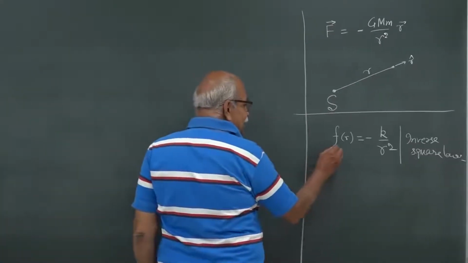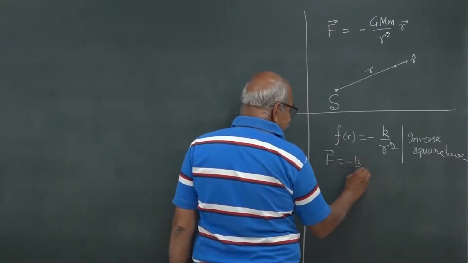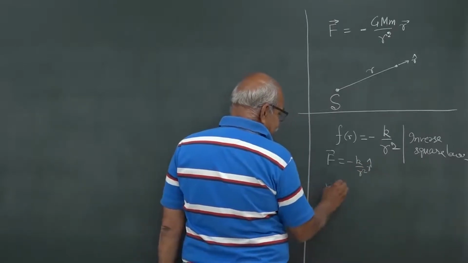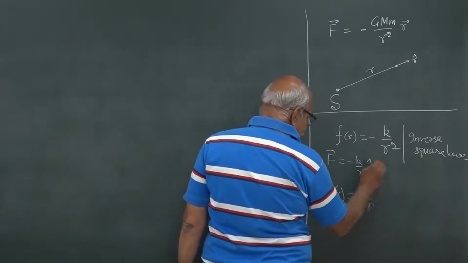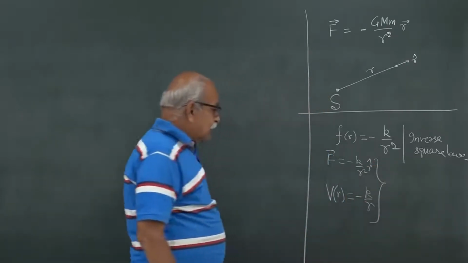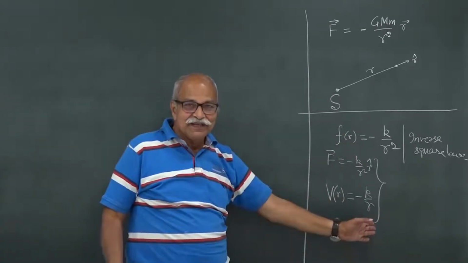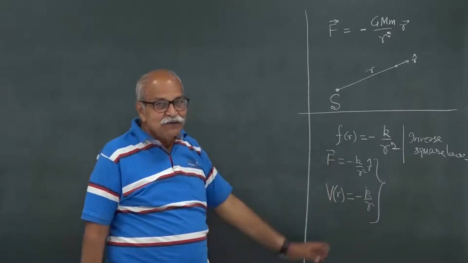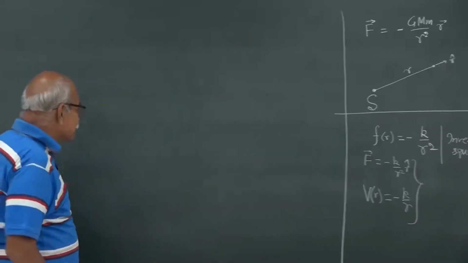Here, if the force is equal to minus k by r square r cap, then this potential V(r) will be minus k by r, right. So, I just plot this V(r) versus r, it will be a hyperbola, and it will also give you some results, but not very useful. So, we do some mathematical manipulations, let us see what.